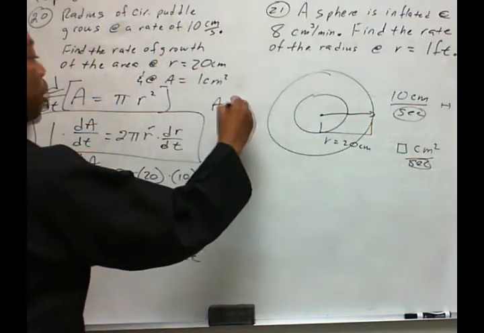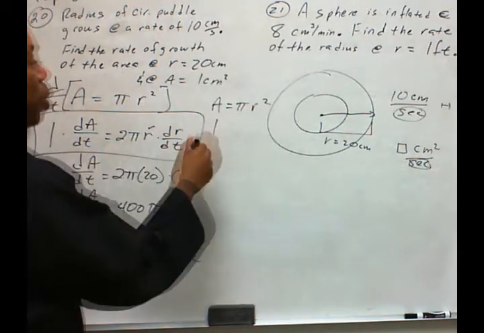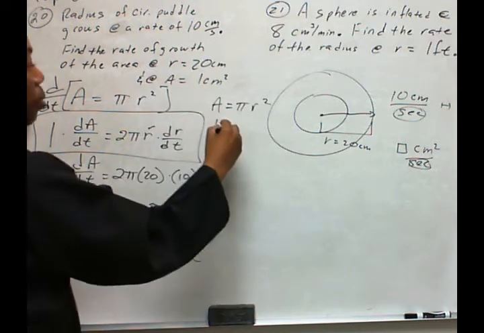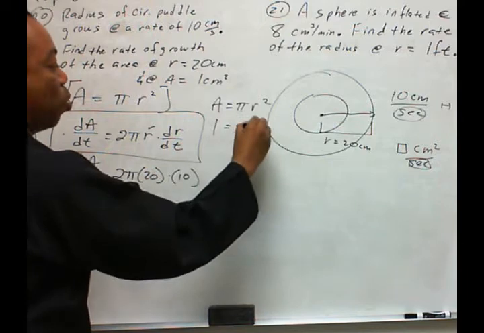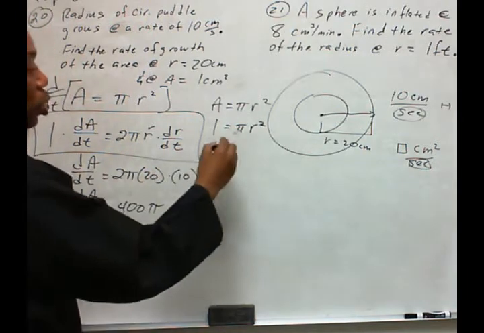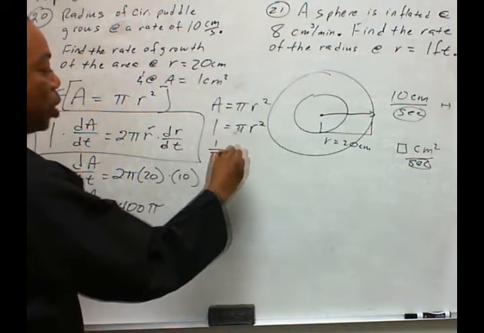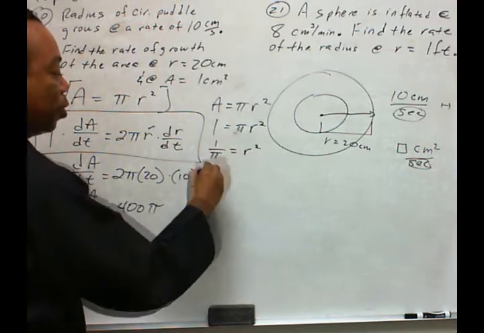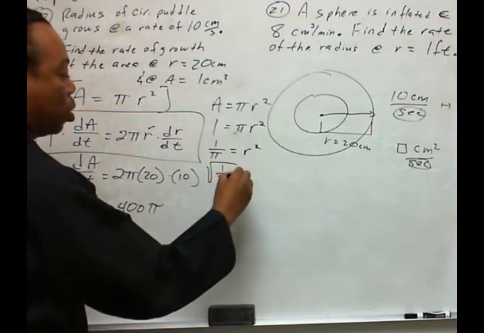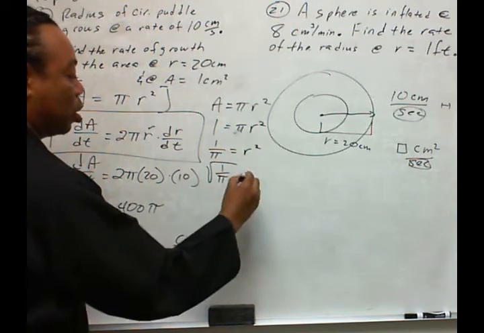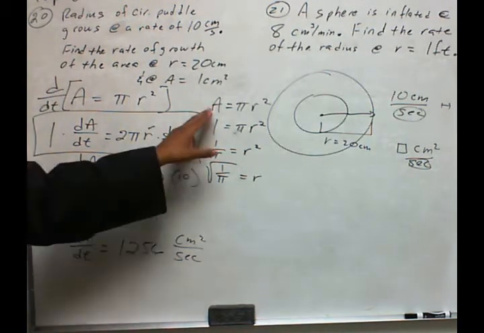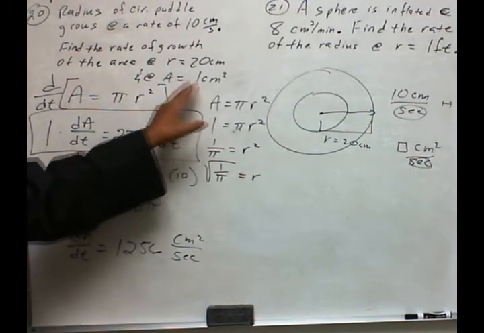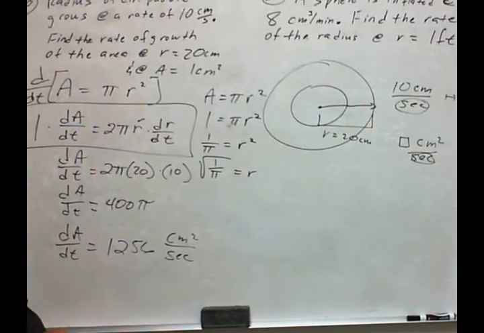Since A equals pi r squared, and we know that the area will be 1, we can backtrack and find out what r squared would be. So 1 over pi would equal r squared, and the square root of 1 over pi would represent the radius at the place where the area is 1 centimeter squared.